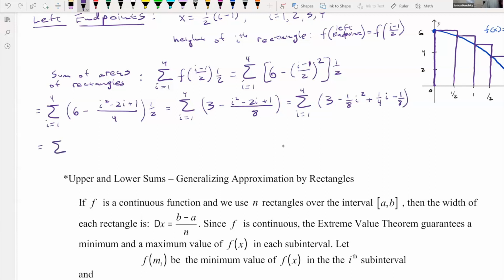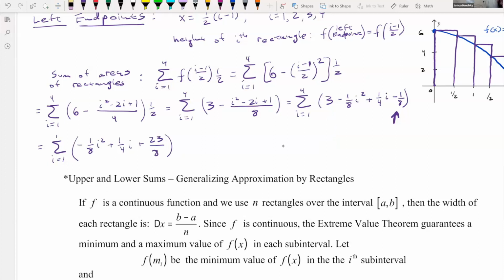Simplifying just a little bit further, I've got a 3 in front, which is the same as 24 over 8. And if we subtract 1 over 8, we're going to get 23 over 8. So let's go ahead and write the minus 1/8 i squared plus 1/4 i plus 23 over 8, like that.